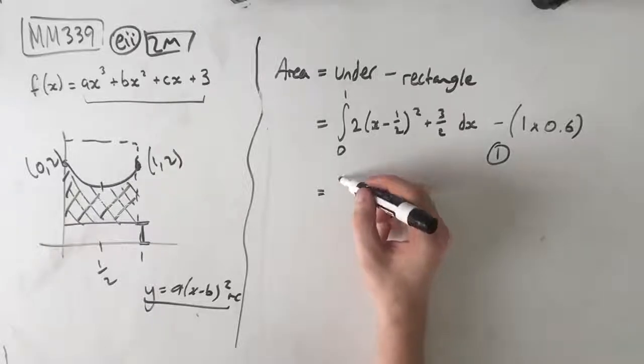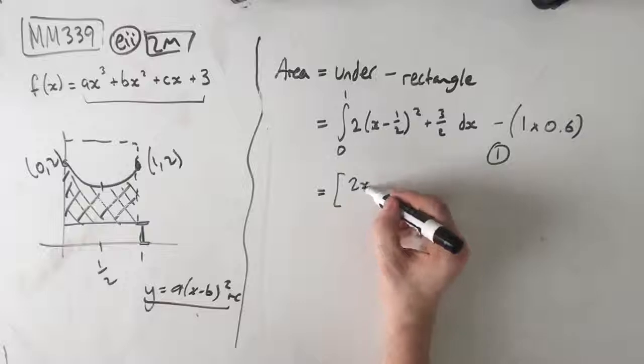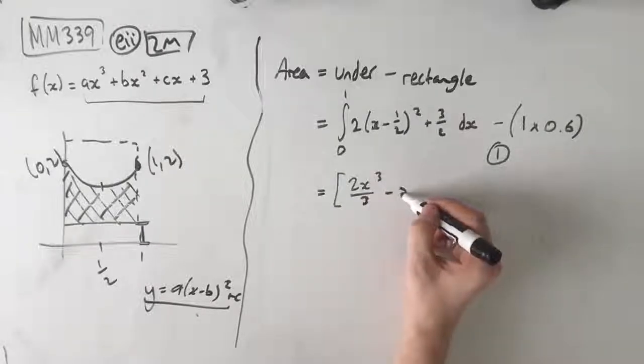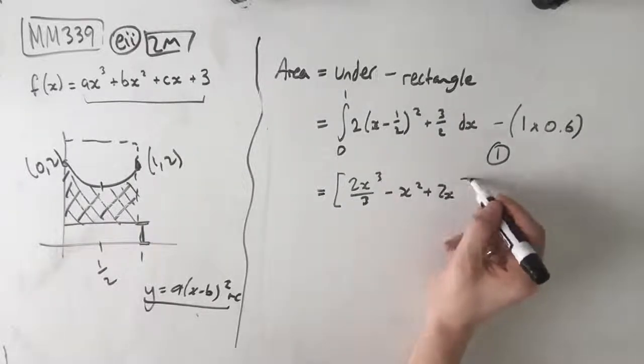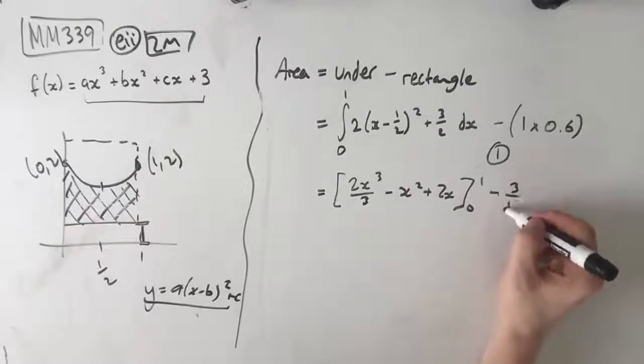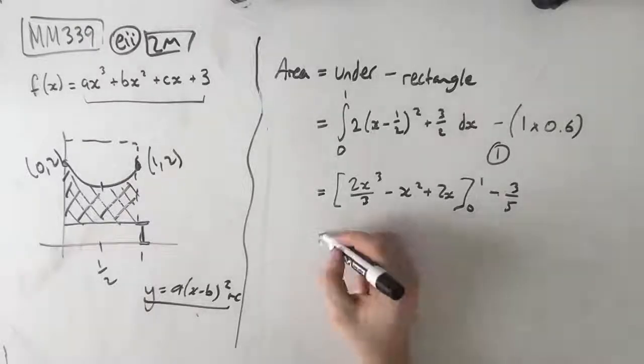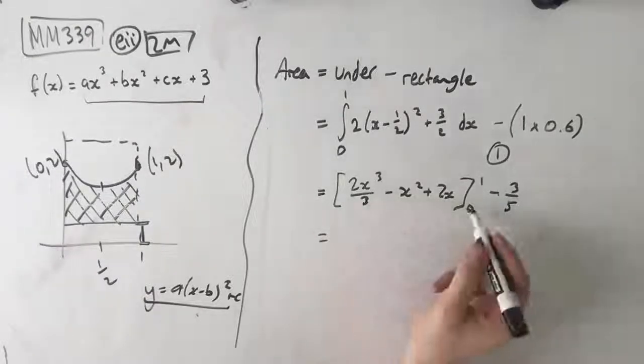And then from here, we can simply evaluate this. So we end up with 2x cubed on 3 minus x squared plus 2x from 0 to 1, minus 3/5. I've just changed that to a fraction to make it nice and clean. Then we sub in our values of 1 and 0.